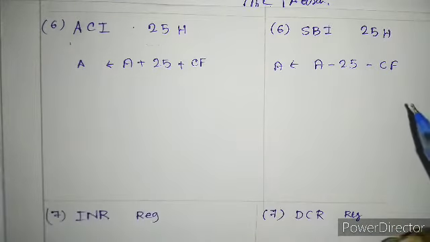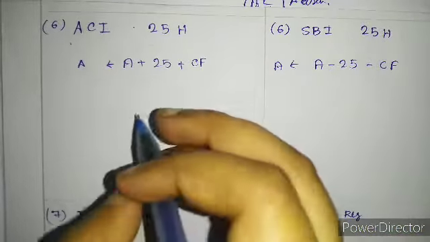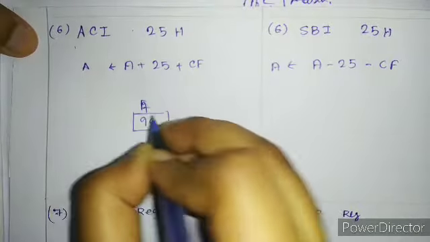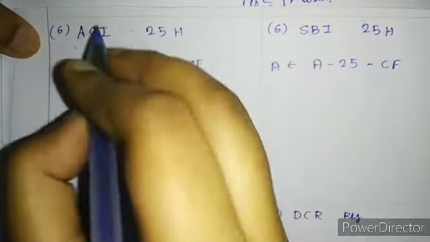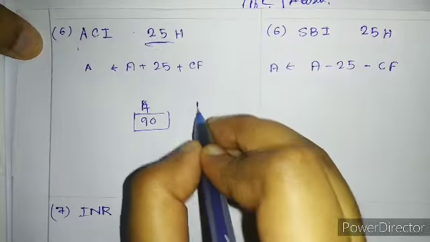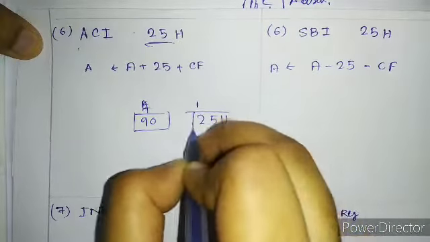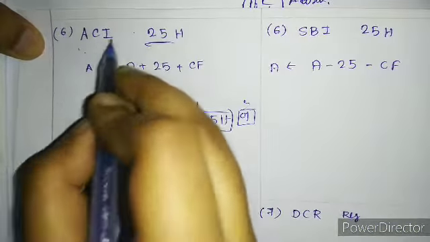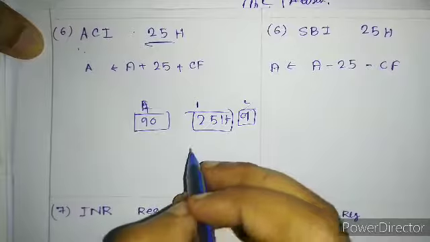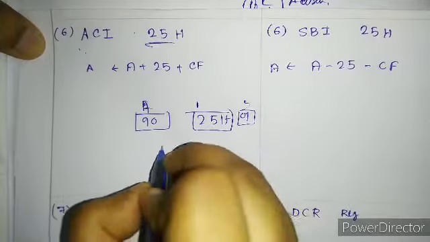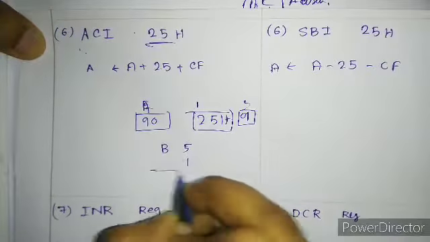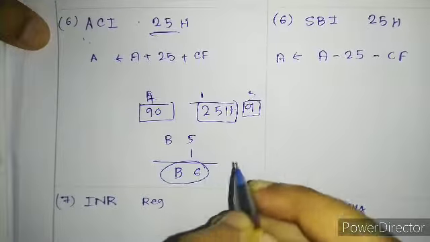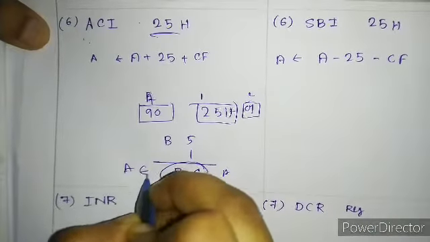Say, for example, in A there was 90H, our data is given as 25H, and the carry flag was 01. So after applying ACI 25H, the result will be B6H, and this will get stored in the accumulator.